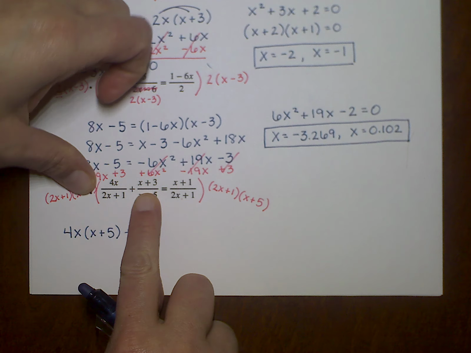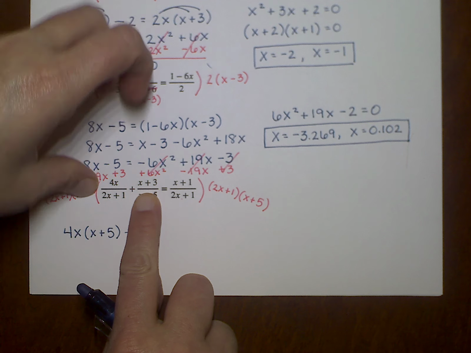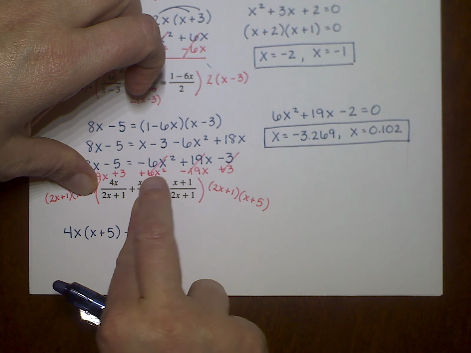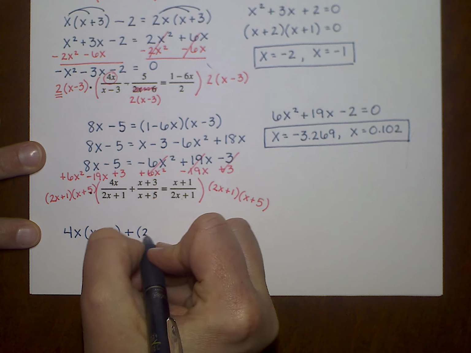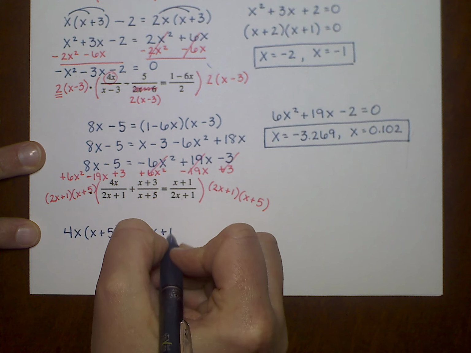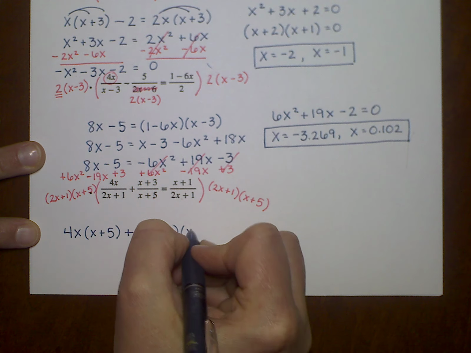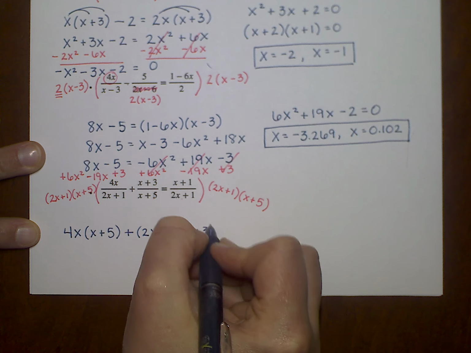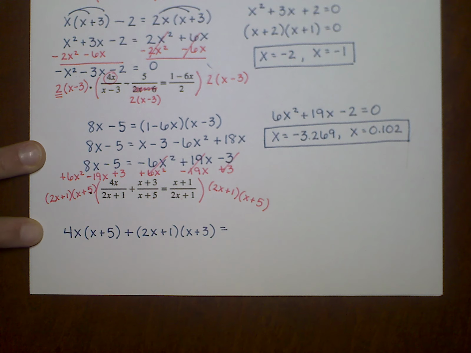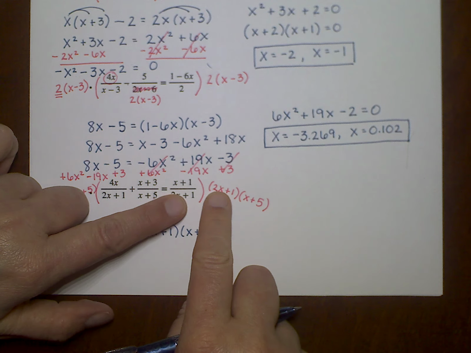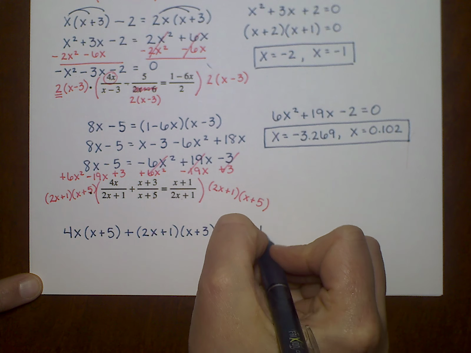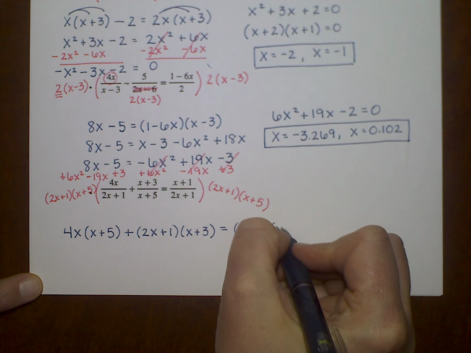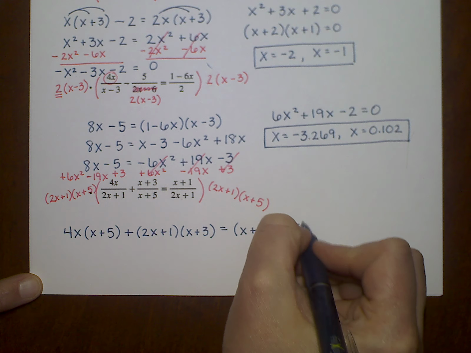And what I'm left with is the 2x plus 1 over here and the x plus 3, which is on top there. So 2x plus 1 times x plus 3. And then over on the other side of the equals, I'm going to cancel out my 2x plus 1, so I'll have an x plus 1 and an x plus 5. No way around this. There's just a lot of FOIL happening here.